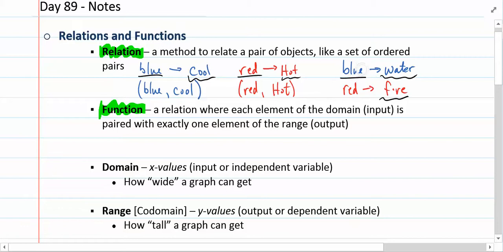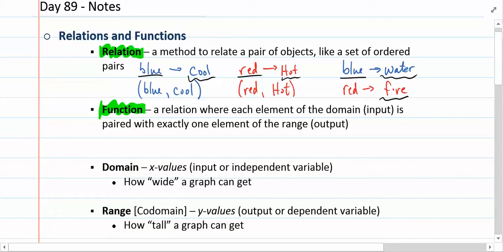Or blue, if I say that word out loud, could make you think of the word water. So the input blue produces an output of water. But again, in this example here, with these relations, I cannot have more than one output if I want to call this relationship a function.